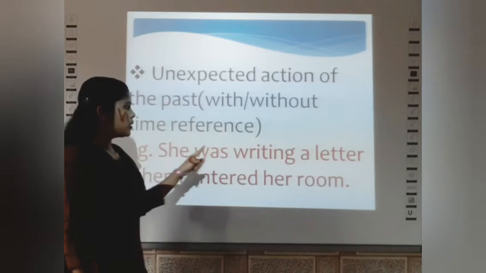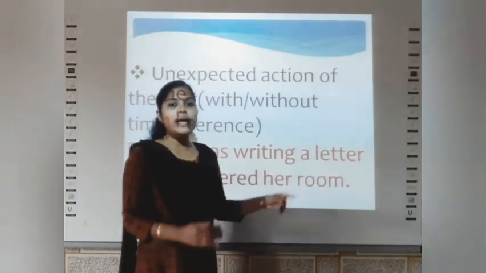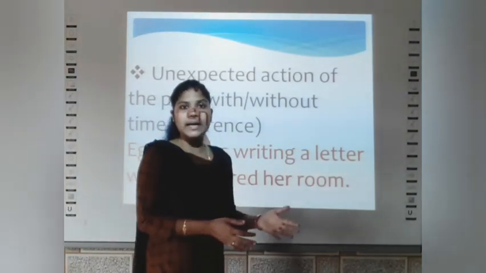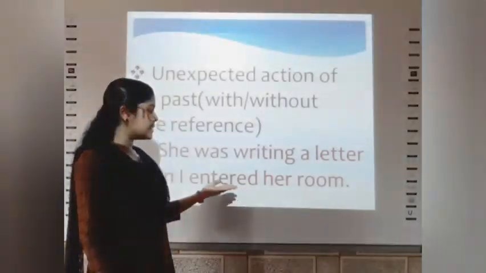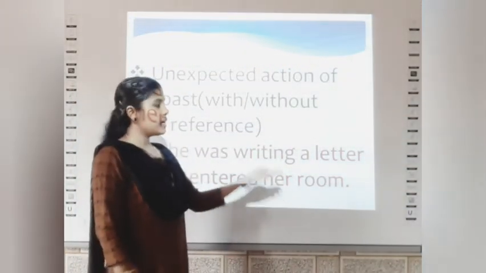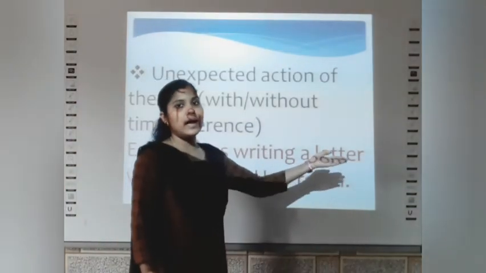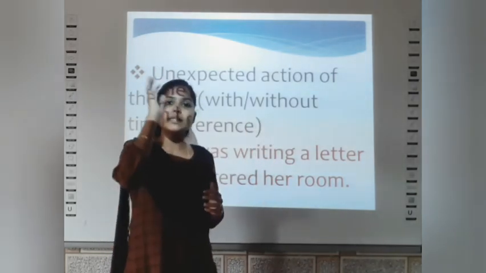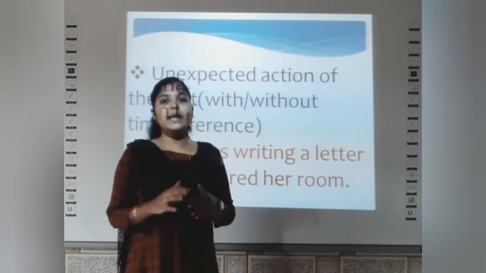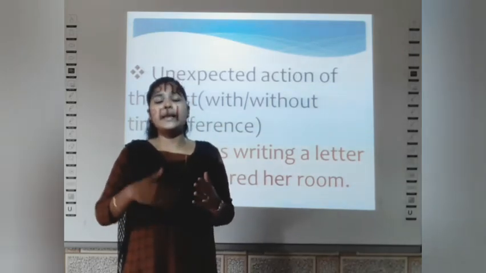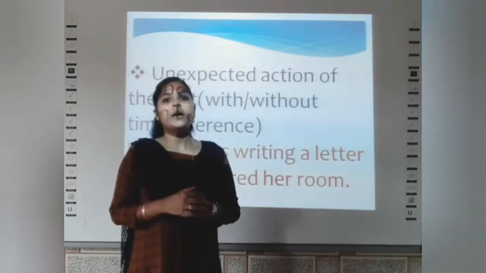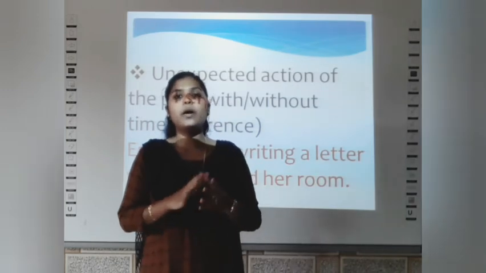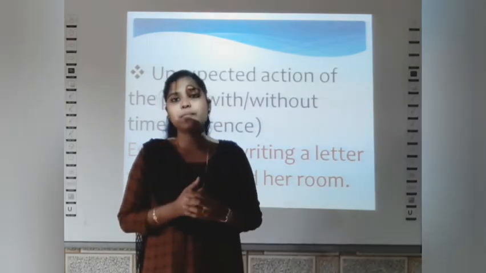What is that? She was writing a letter. When I entered the room, it's a past action. When I entered her room, she was writing a letter. Already another action was going on there. I will say another example. When I entered the classroom, all my students were learning.